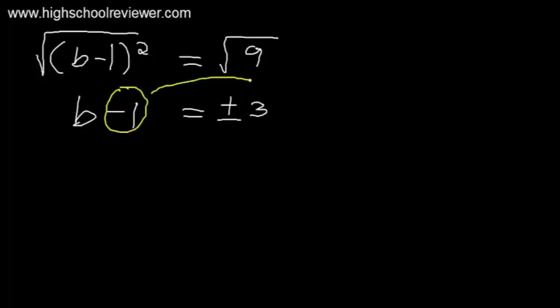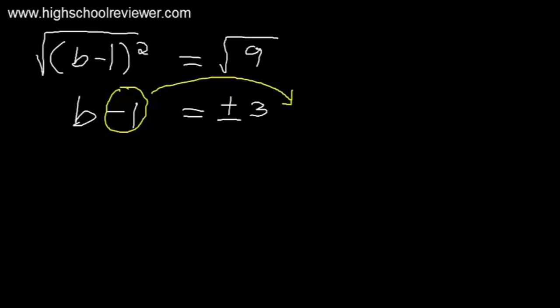Okay, equal to the square root of 9. So the square root of b minus 1 raised to the power of 2 will now be b minus 1, and this will be plus minus 3. So to solve for b, we need to transpose negative 1 to the other side. So just transpose that to the other side.